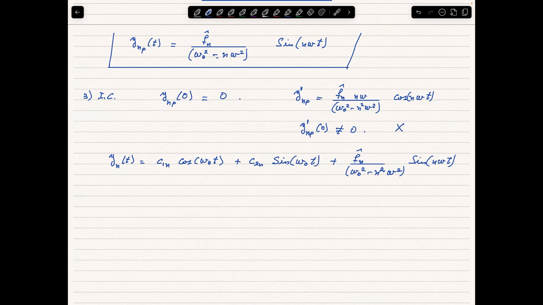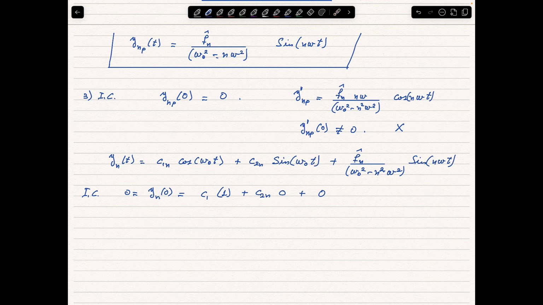The first condition, of course, is going to kill that cosine that shouldn't be there. So initial conditions, 0 has to be equal to our solution at 0, and this is going to be C1 times 1 plus C2n times 0 plus 0. This is going to be 0, this is going to be 0, and this here is going to be 1.